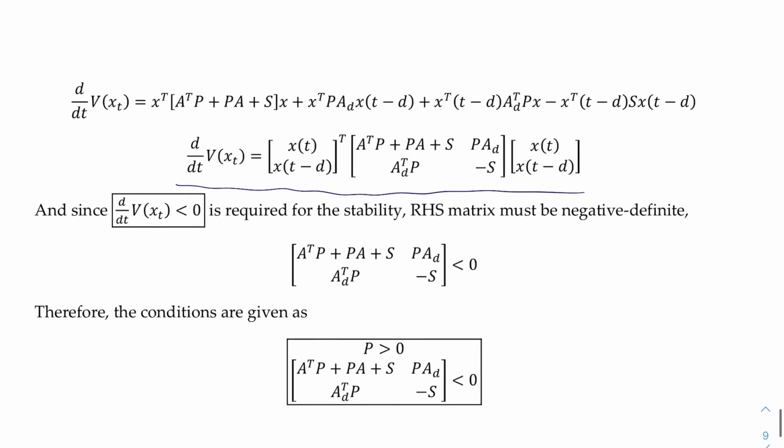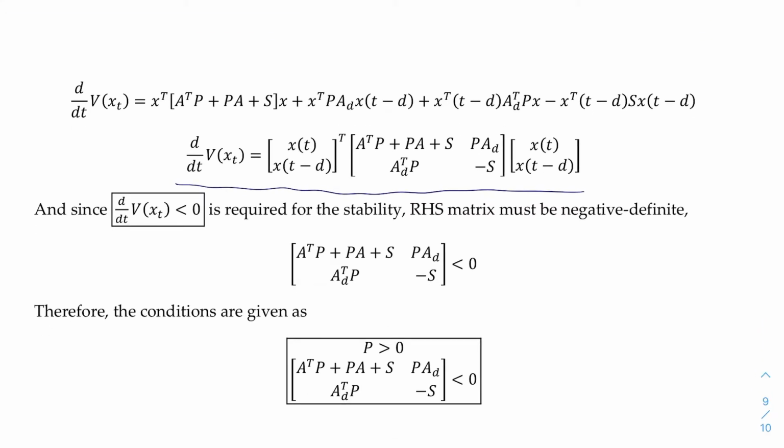So you're welcome. And now we need this term to be negative definite, okay. Since this is a quadratic term, we have that matrix, and this matrix must be negative definite.